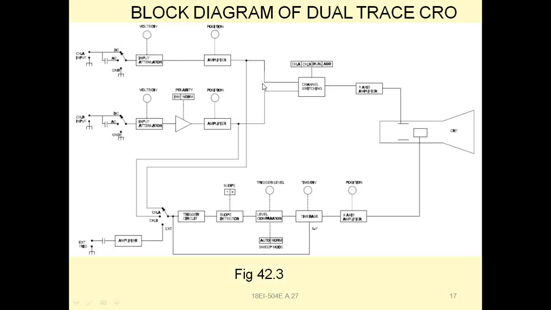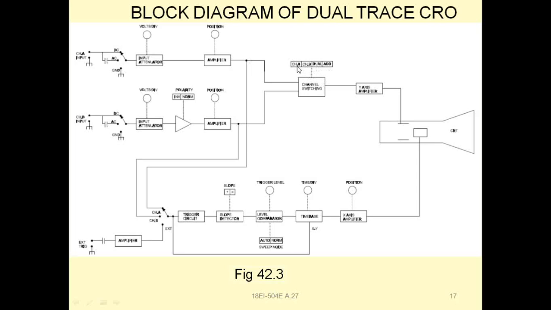And the output of this amplifier is given to the channel selector switch. You have got a slider switch here, by using which you can connect either channel A, channel B, dual mode or add mode.